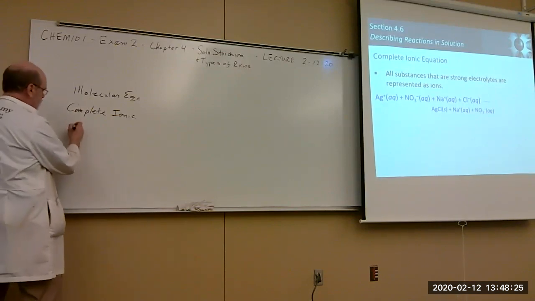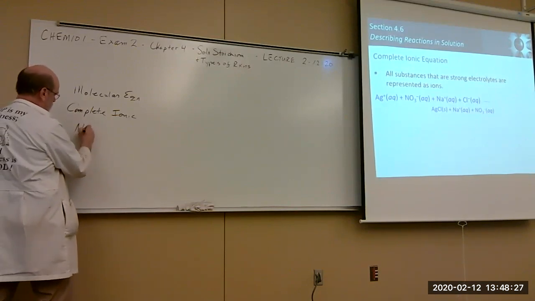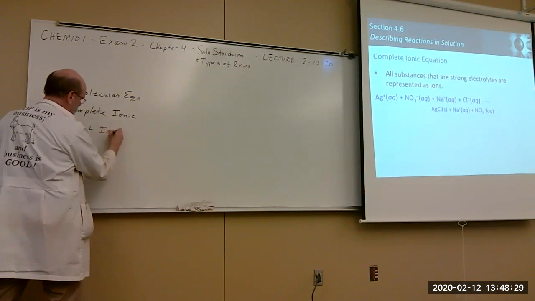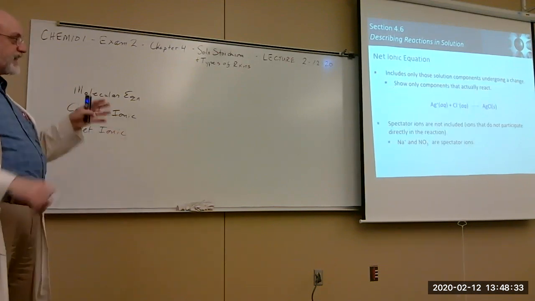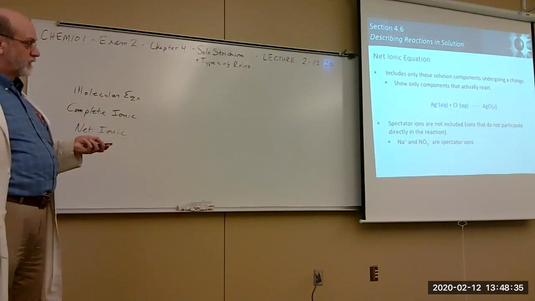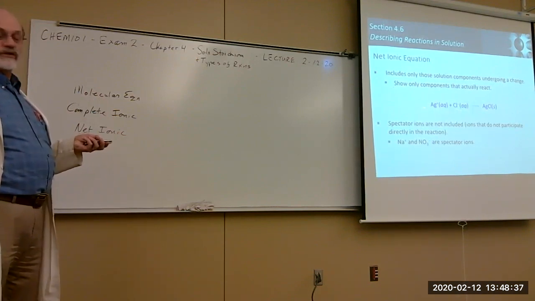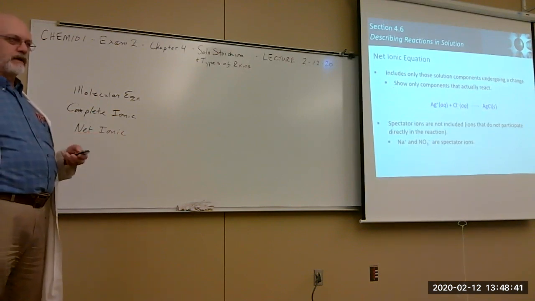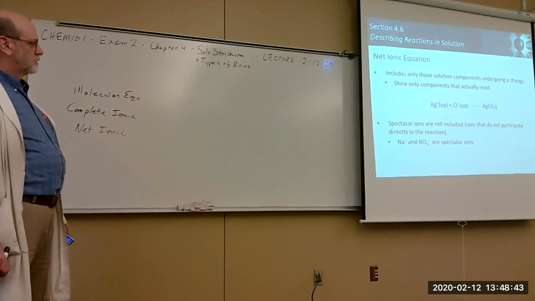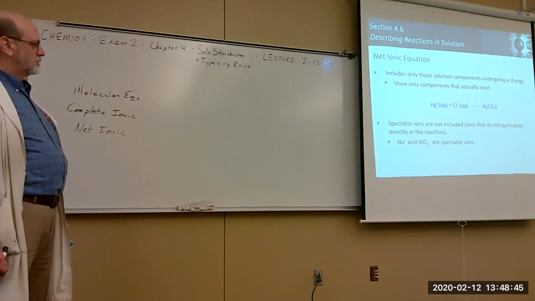And that gives you the net ionic equation. All right, so that's the net ionic equation for that reaction, right? Originally, silver was combined with nitrate, and chloride was combined with sodium.